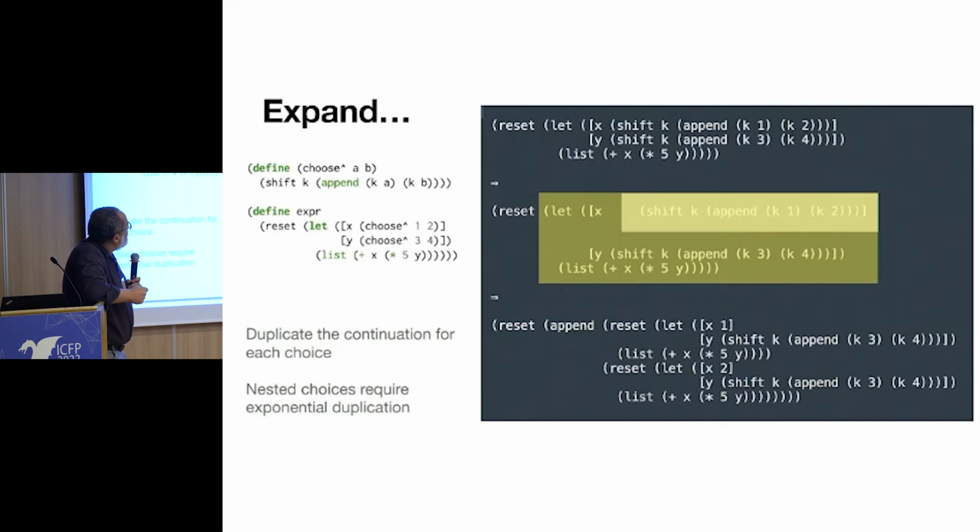Here this is the same expression, but I colored a few things. So this shift says, what is K that is waiting for me? And the K is the dark thing here. And that dark thing gets copied and written twice here. So you'd see that reset, append, some big thing with a 1, some big thing with a 2. Reset, append, that's some big thing with a 1 and a big thing with a 2.